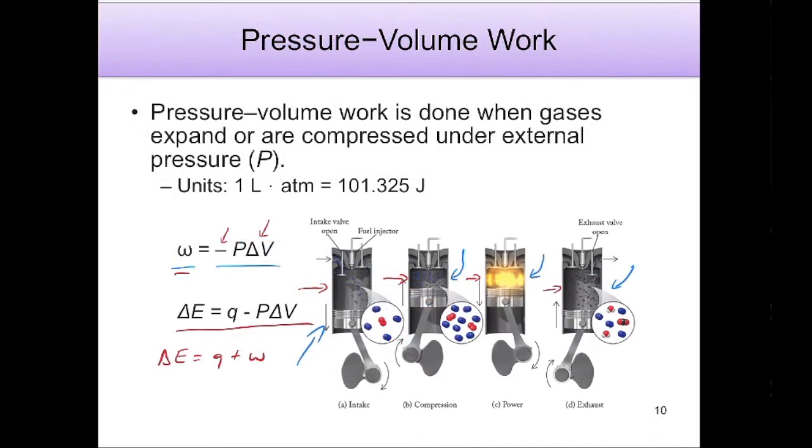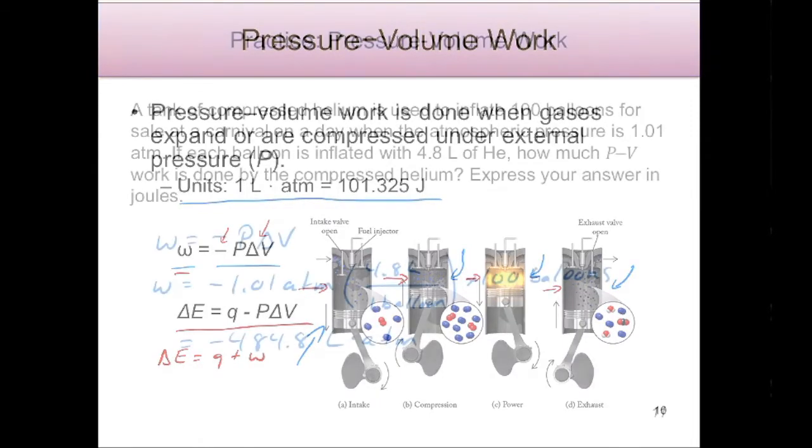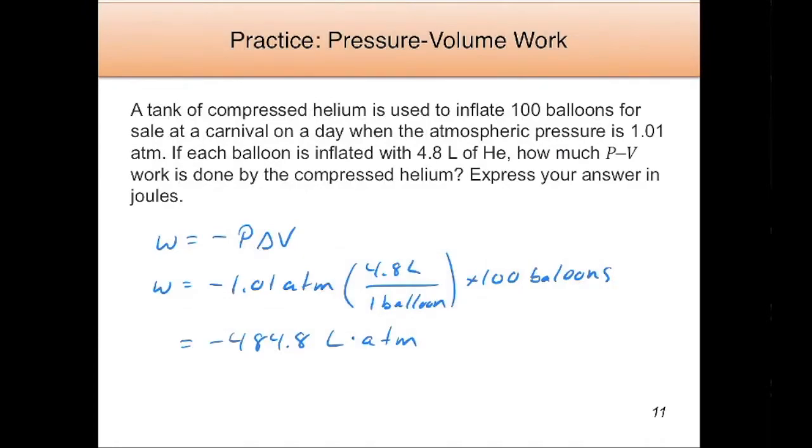So if we go back a slide, we'll see that 1 liter atmosphere equals 101.325 joules. So now we could convert this number, our minus 484.8, into joules by multiplying it by 101.325 joules per liter atmosphere.